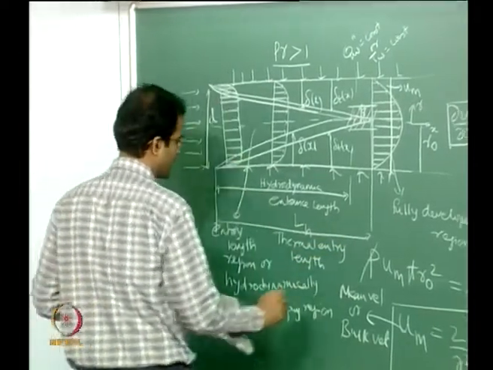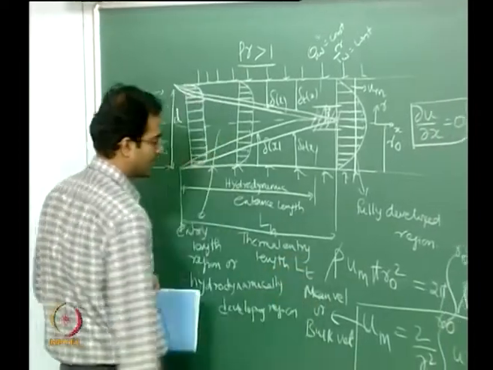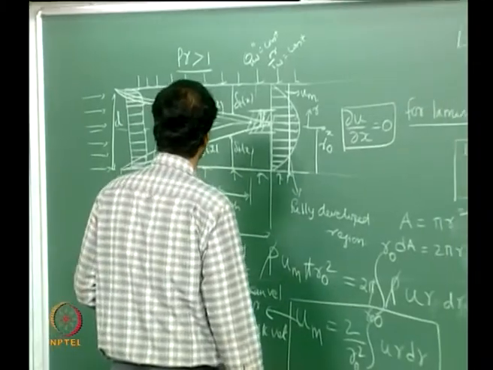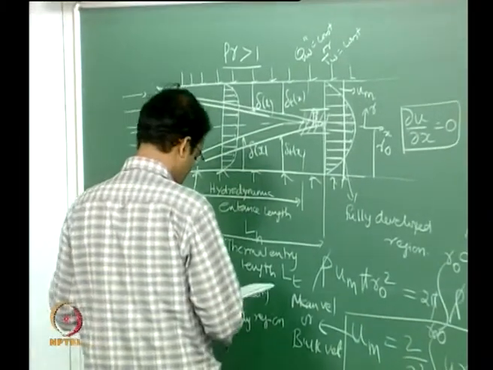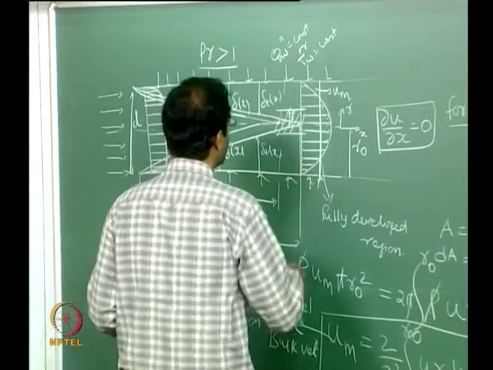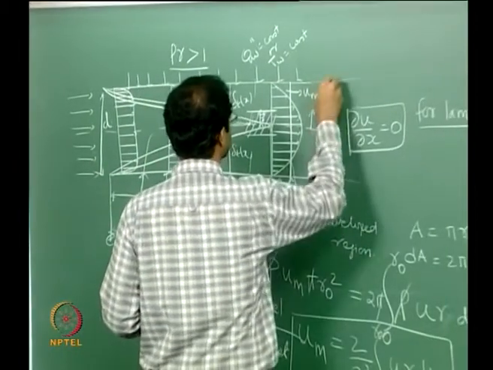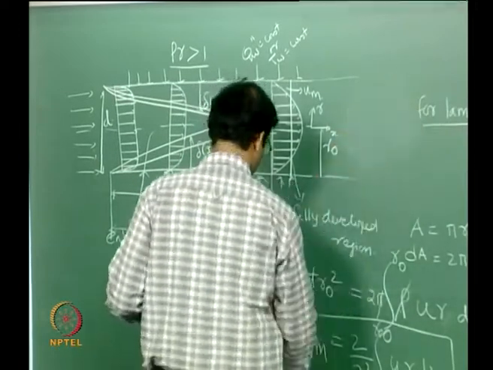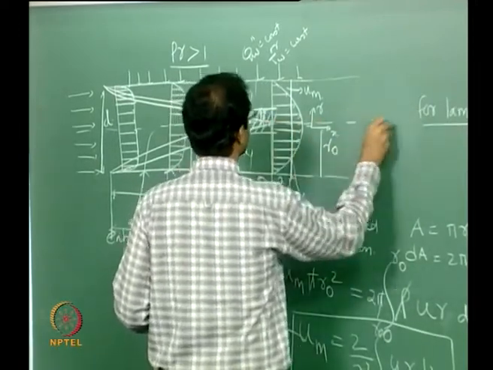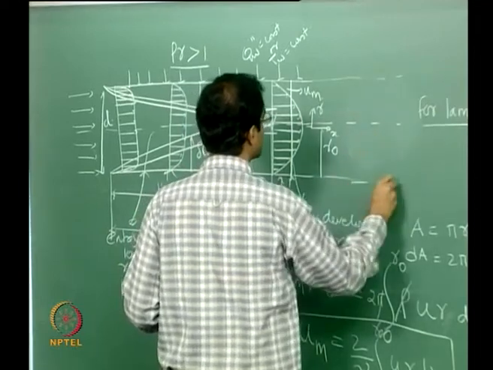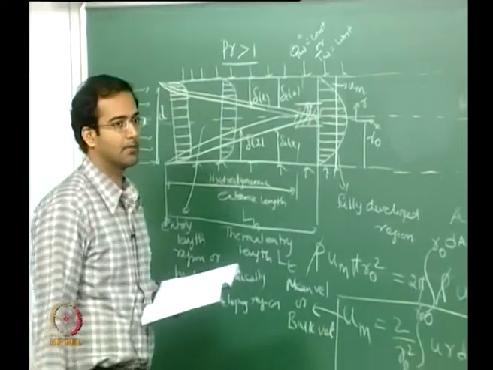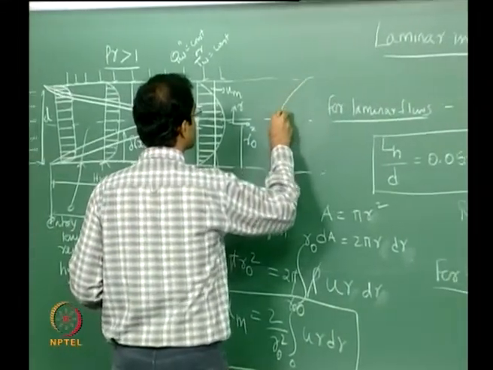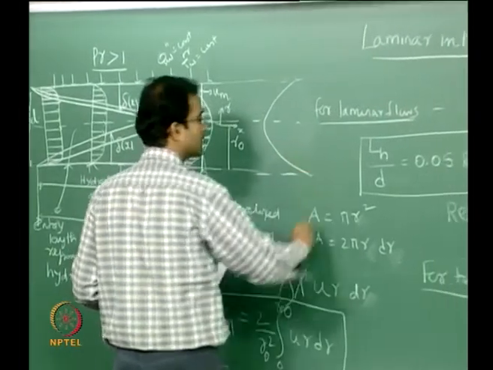Okay, I can use the notation L subscript T to say that the length corresponds to the thermal boundary layer. And if I draw the profiles, typically somewhere here, now the wall temperature is higher than your bulk temperature, or the temperature of the fluid inside, so it should look something like this, right?